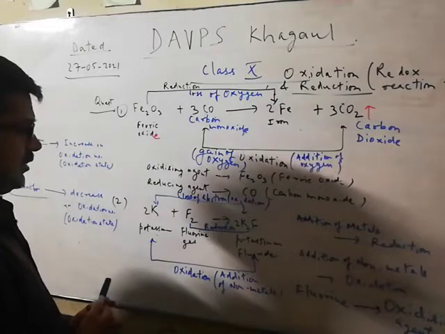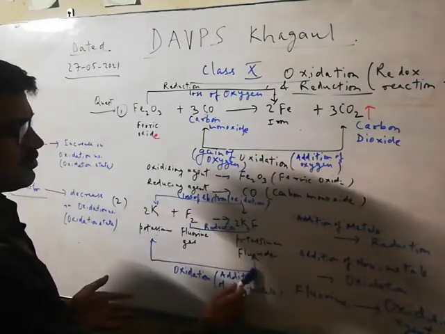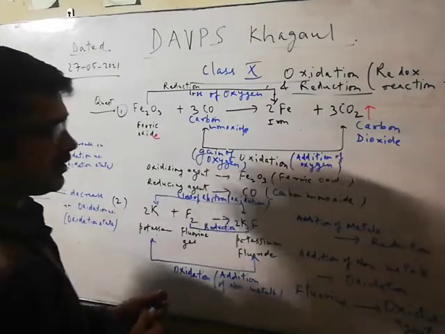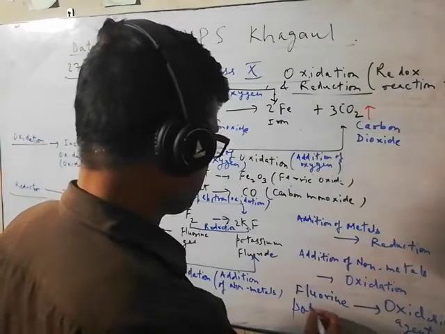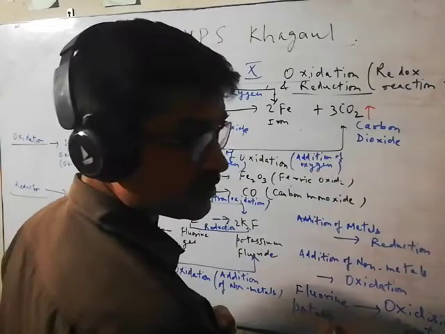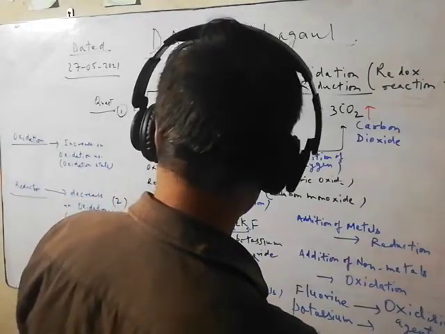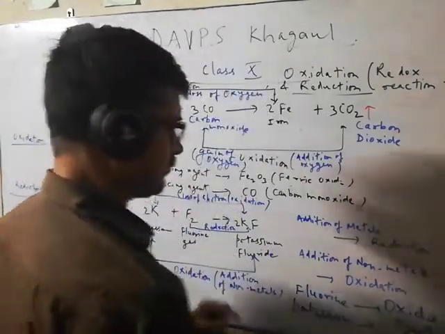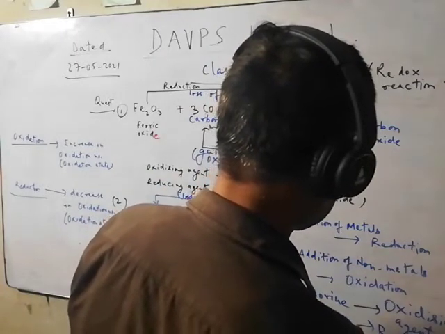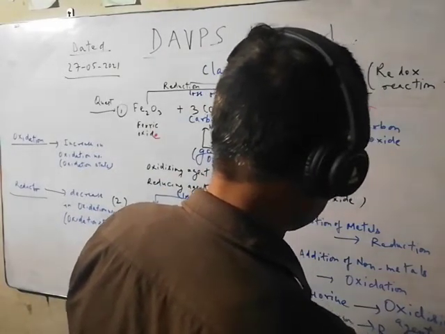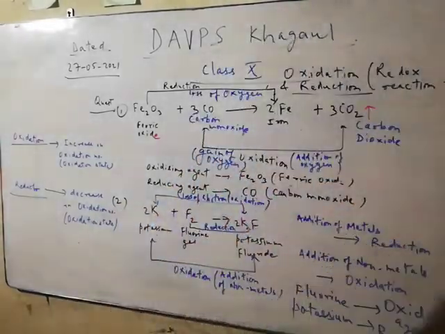Now, which will be the reducing agent? Potassium is going through oxidation, so it will be the reducing agent.